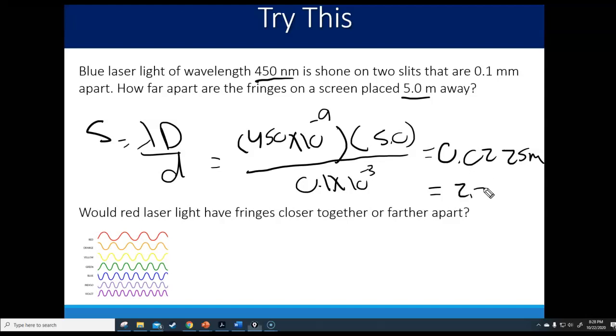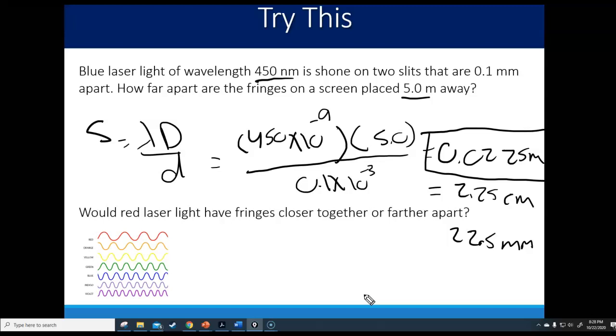I could say 2.25 centimeters, or I could say 22.5 millimeters. Since we're already in meters, this makes the most sense. But sometimes you'll see in the IB mark scheme, they'll write this in different units, just for simplicity.